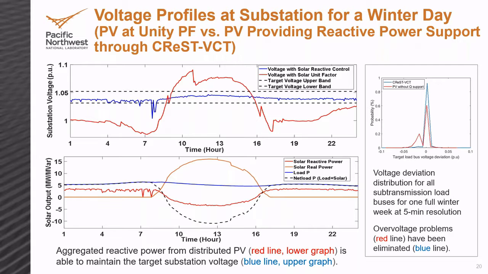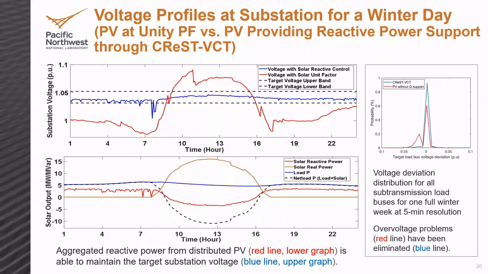From the other side, in the lower side of the graph, the orange is the PV output, I mean real power output, and the red one is the reactive power output as aggregated from distributed PV as seen from the transmission side. So you can see what's happening.